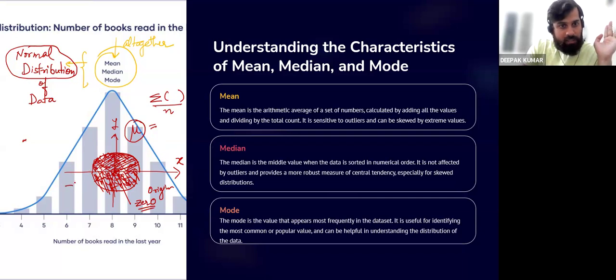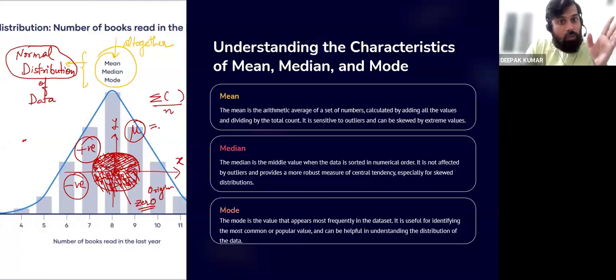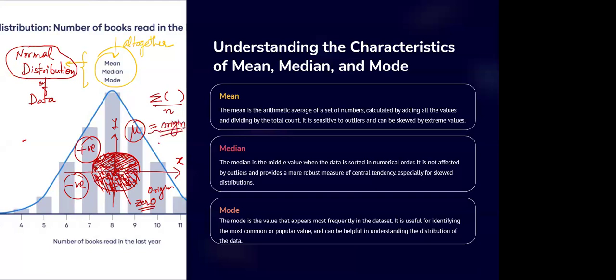All the lower data points are negative in number. All the above data points are positive in number. Am I correct? Yes. So when you add them and they are almost equal, mean would lie near the origin. Yeah, it will be 0. Simple answer.